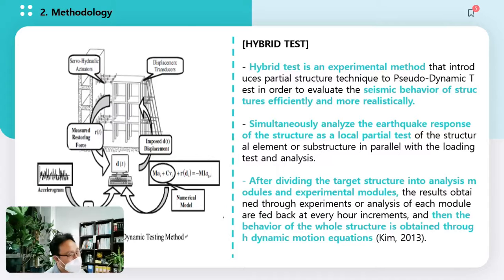With these advantages, you can create realistic structural analysis models for complex structures. Feedback on experimental and analytical results on a time-by-time basis, and obtain the behavior of the entire structure through the dynamic equation of motion.